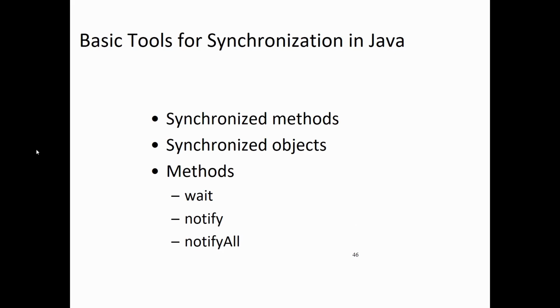We have a reserved word called synchronized, and we can synchronize methods or really any object, because synchronizing a method is a trick that synchronizes the whole object. And we have methods from the thread class like wait, notify, and notify all. All these 5 elements allow you to solve any problem.